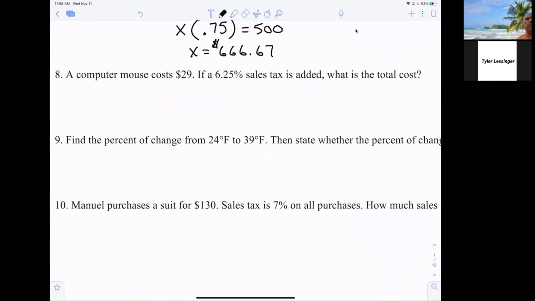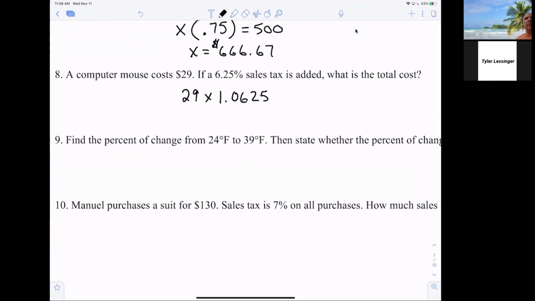Now, number 8, a computer mouse costs $29. If a 6.25% sales tax is added, what is the total cost? So here, remember, I want everybody to go 29 times 1.0625.